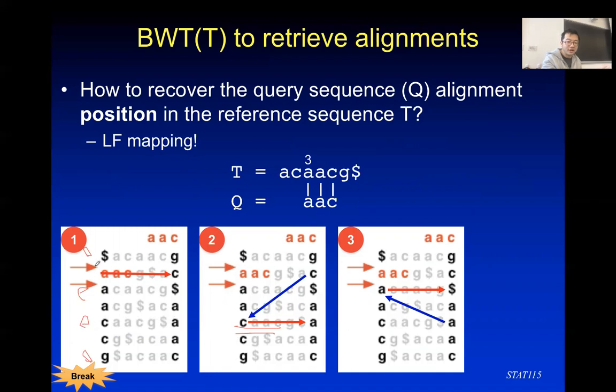Like this is 7 something. We ran one step of LF mapping, so the coordinate of this suffix plus the number of LF mapping steps we did is the coordinate of that query.